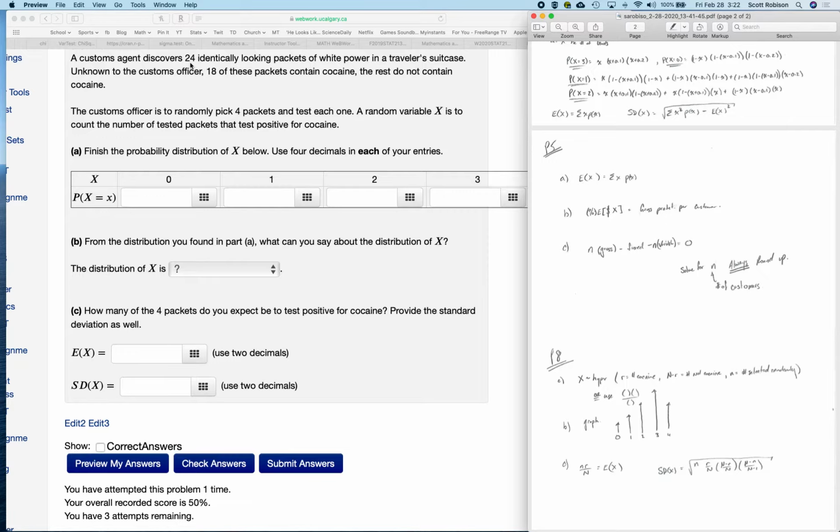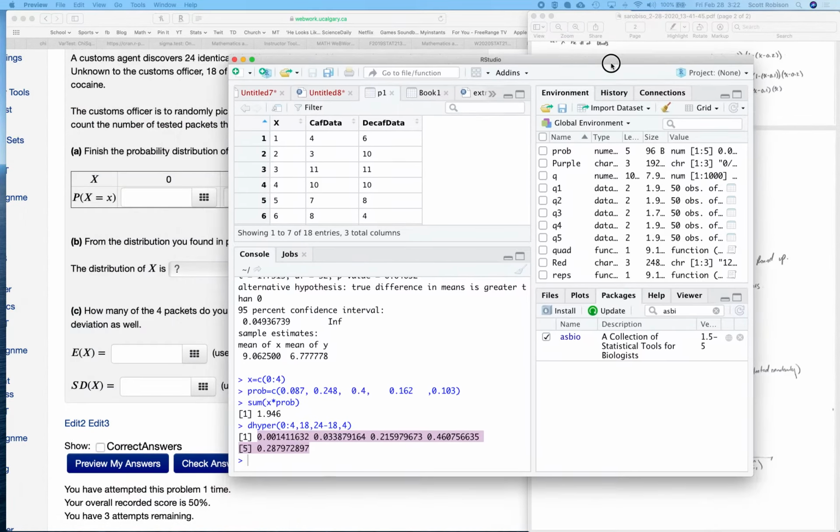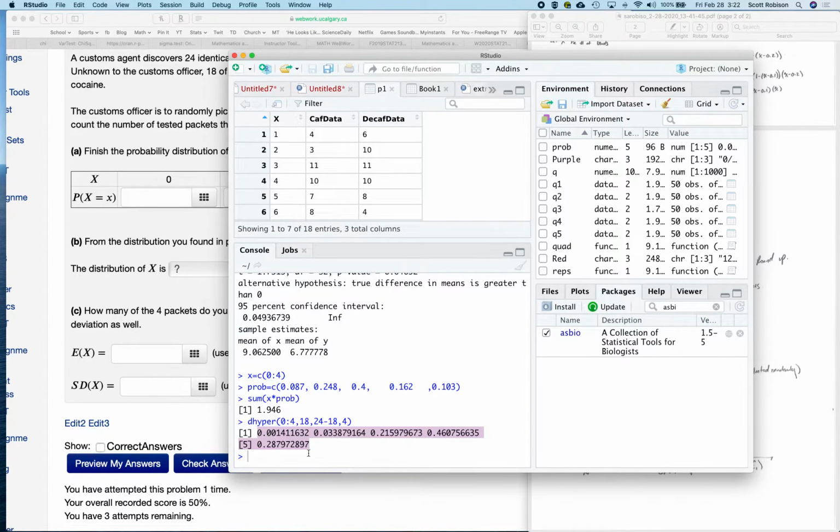So here, when you're trying to find the probability of how many packets of cocaine, you could use R if you liked. Here, let me just bring up R. I've got the command right here.